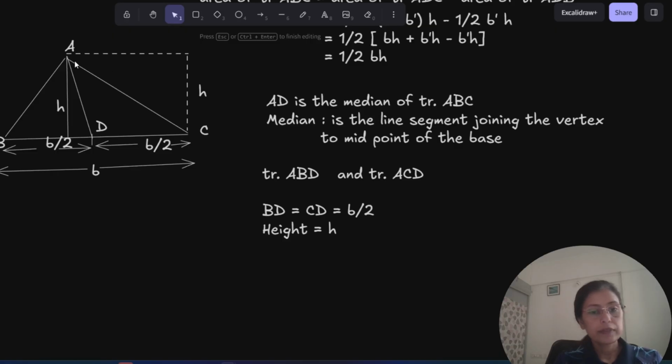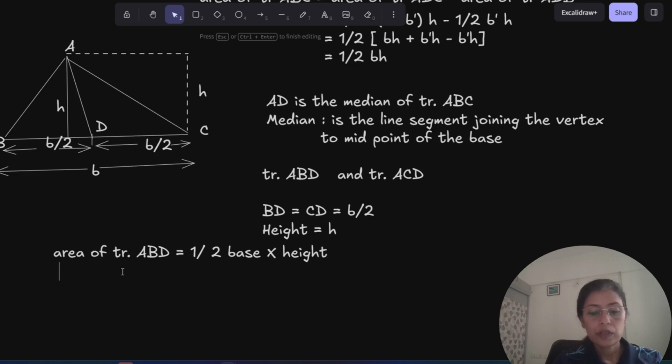So our area of the triangle ABD will be half of base into height. What is the base here?